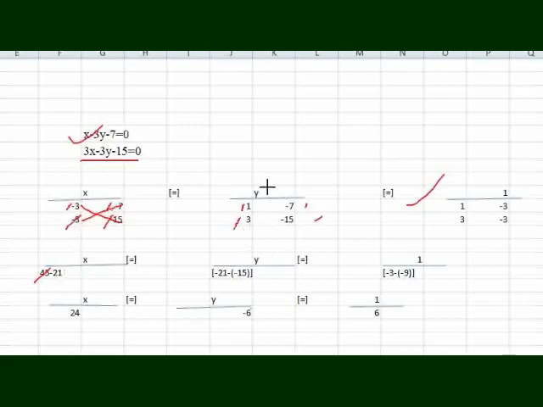For y you have to first multiply this side, then give a minus sign and then multiply this portion. So for y you have to first multiply 3 into minus 7, that is minus 21, and give a minus sign, and next multiply 1 and minus 15, that is minus 15.